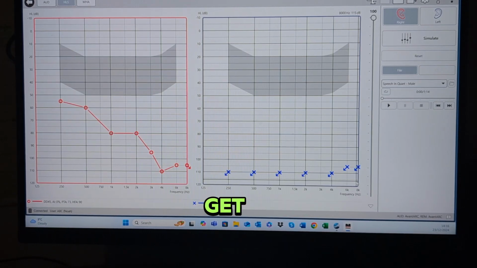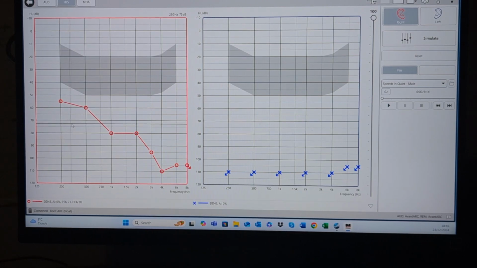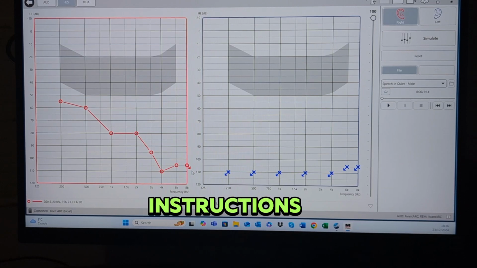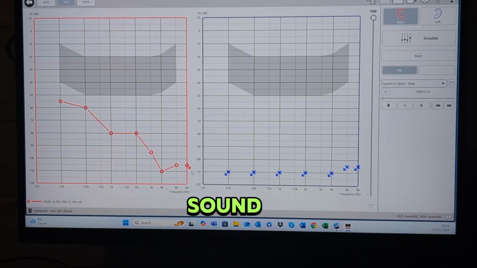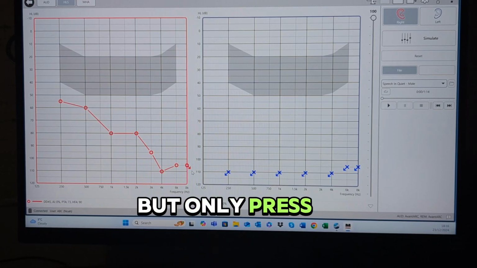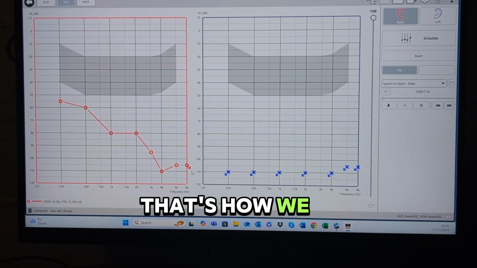So in order to get the actual result for the left ear, they have to do something called masked testing, which is where they add a white noise, a rushing sound, into the right ear, and they give instructions to say, you're going to hear a rushing sound in your right ear, please ignore that altogether, but only press the button when you hear the beeps. If the rushing gets too loud, please let us know and we can stop the test. So that's how we do masked testing.